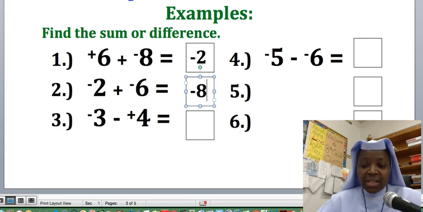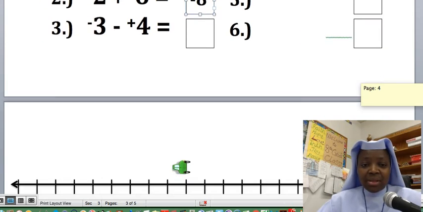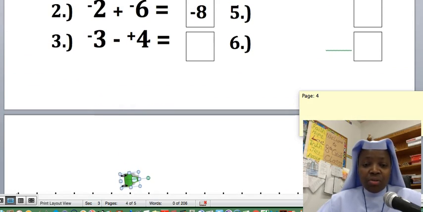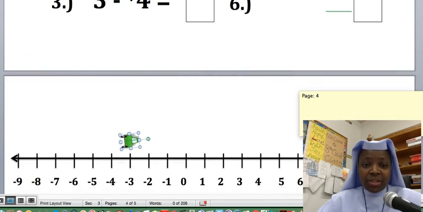Okay, so let's do that. Starting from 0, we take 3 steps backward. 0, 1, 2, 3. Reverse, because it's subtraction, we're going to turn the car. After we turn the car, we go 4 steps forward.